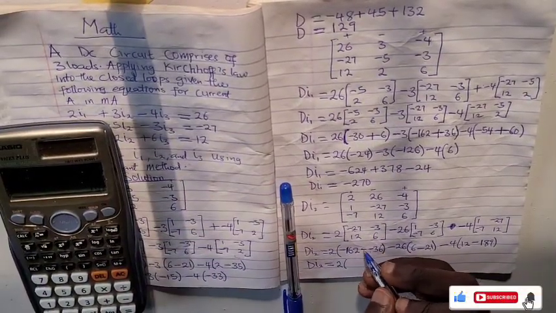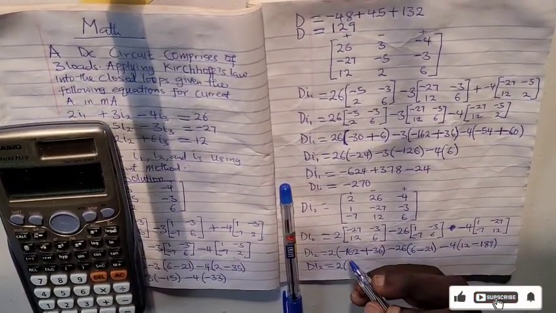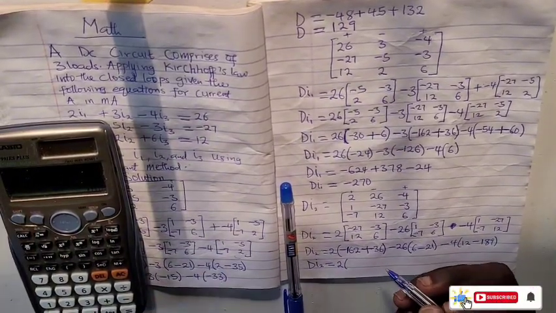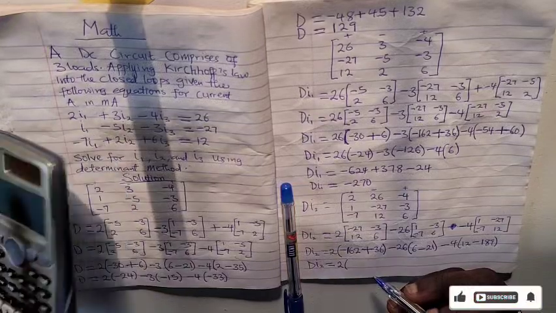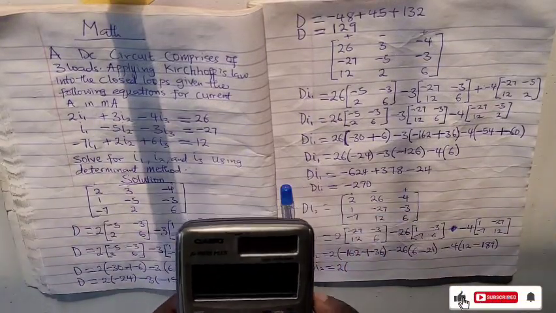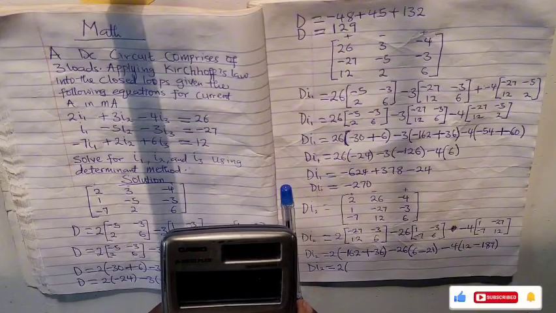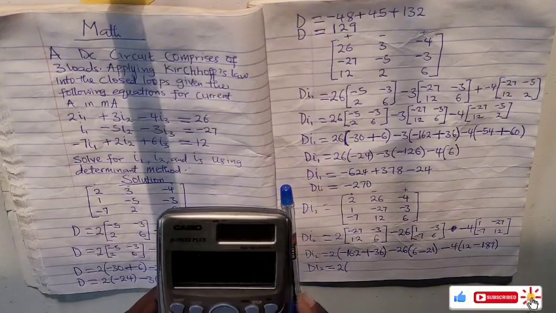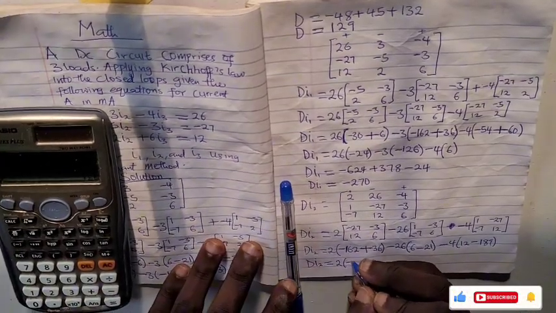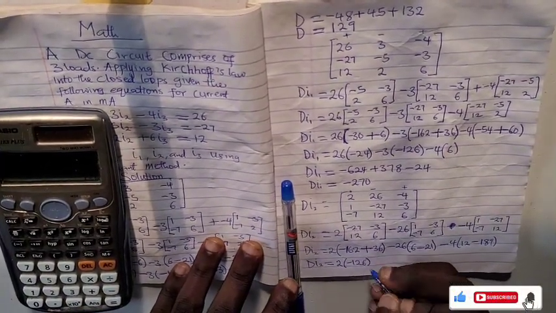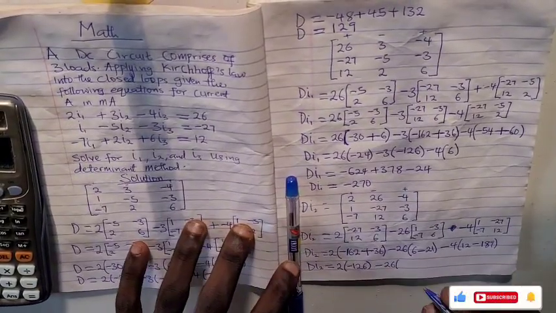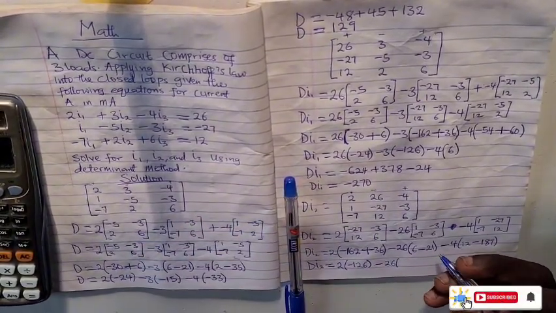So di2 equals 2 into brackets. So this minus times minus will change to plus. Take notes. So 1 minus 162 plus 36. This gives us minus 126. Minus 26 into brackets. 6 minus 21.